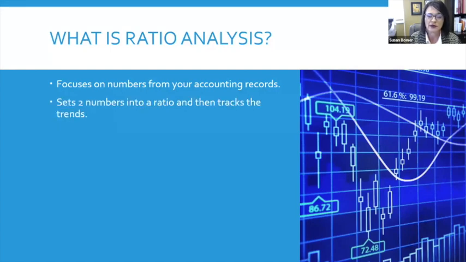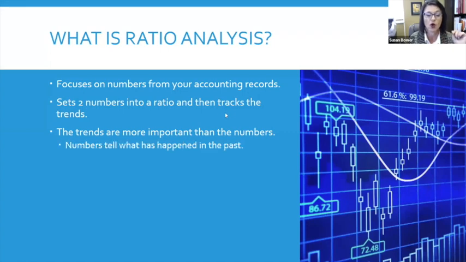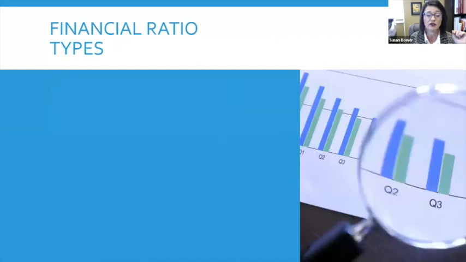As the word ratio means, we're taking two numbers and comparing them, and then paying attention to the trends. As I mentioned earlier, it's not the number or the value that means as much as what's the trend, what's the history, what's the direction of where the business has been and is going. The trends are certainly more important than the numbers. They help us see what has gone on in the past and also where we are headed in the future.